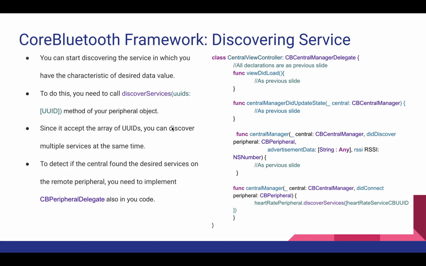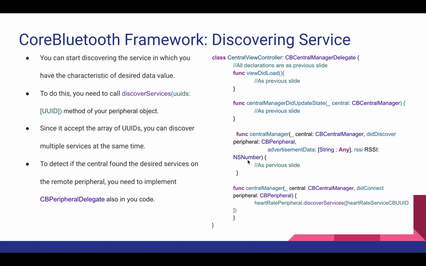So now there may be a chance that the connected peripheral may contain more than one service, right? So in order to access the data, our next step should be to access the service in which that given data may live. Since we have the UUID of the targeted service in advance, we can start our search by calling the discover service function, right?